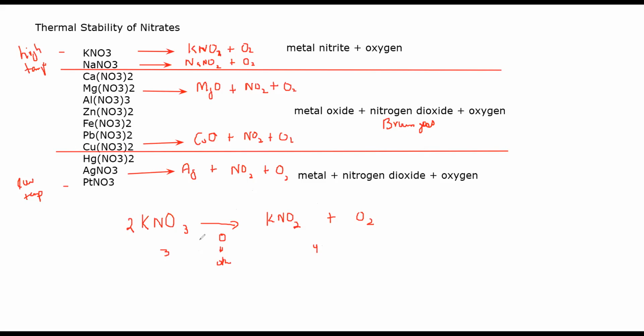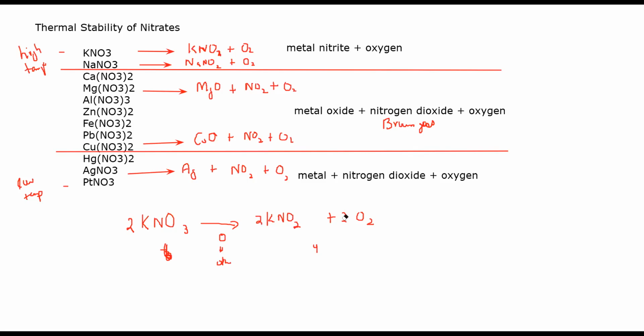If I put 2, now it makes 6 oxygen. So how can I make 6 oxygen on the other side? I can put 2 here, that will make 6. But because this 2 is with potassium as well, which side will I place a 2? If I place 2 here, oxygen will be balanced, and if I place 2 there, oxygen will also be balanced.